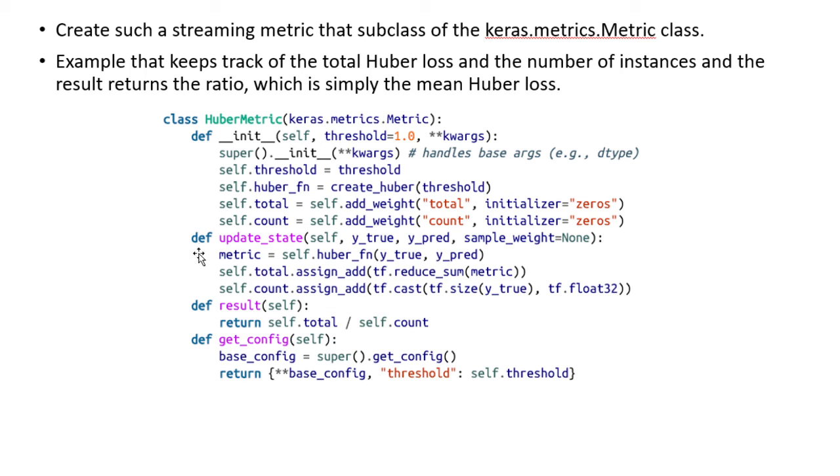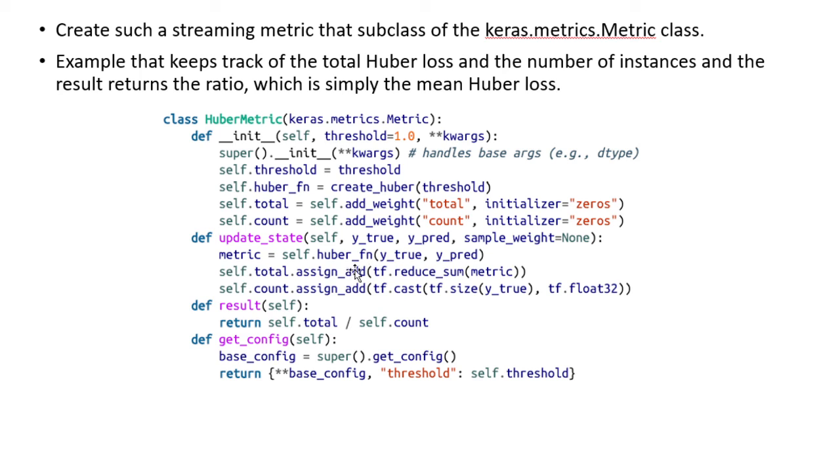Let's move on to the next method, that is the update state method. In update state, we have y true value and y predicted value, which are nothing but the actual value and the predicted value. When we pass them to the Uber function, it returns the squared loss or the linear loss based on the threshold. That is saved in the metric here.